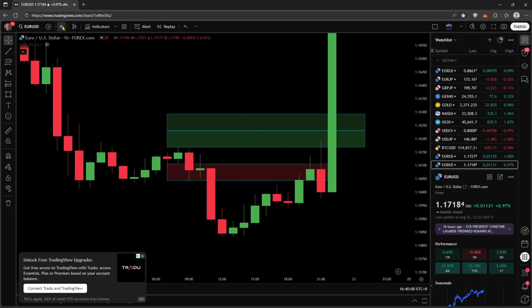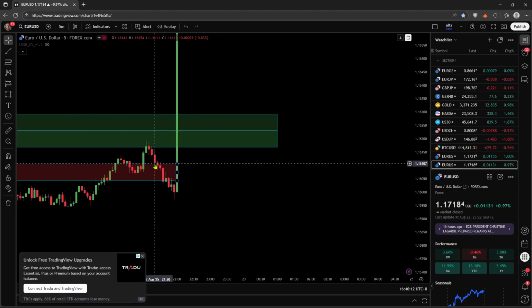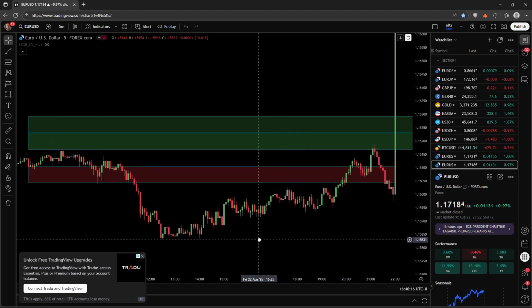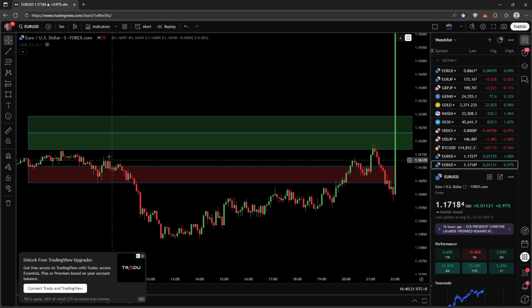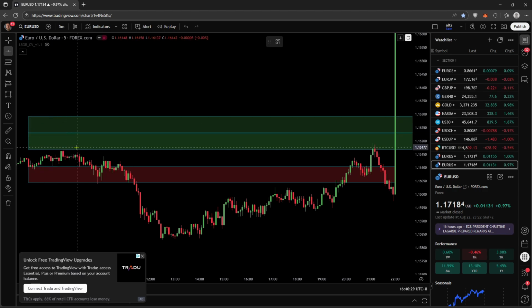So I go to the 5-minute chart. So we are on the 5-minute chart now. We have our boxes. And it never came into the green here. So my pending order is, let's make a horizontal line. Here you can see it.